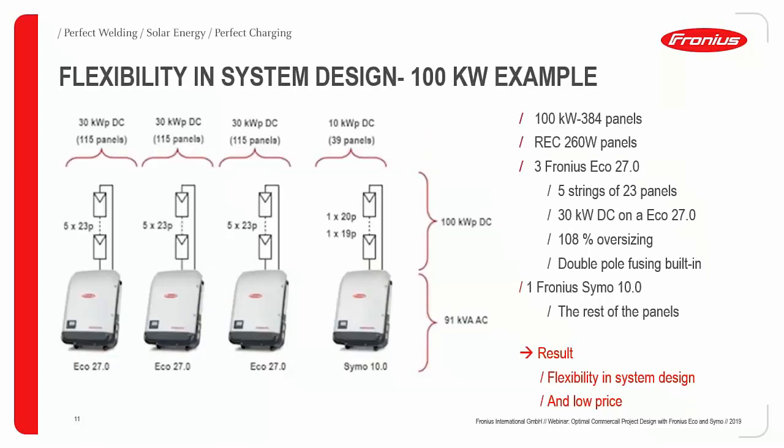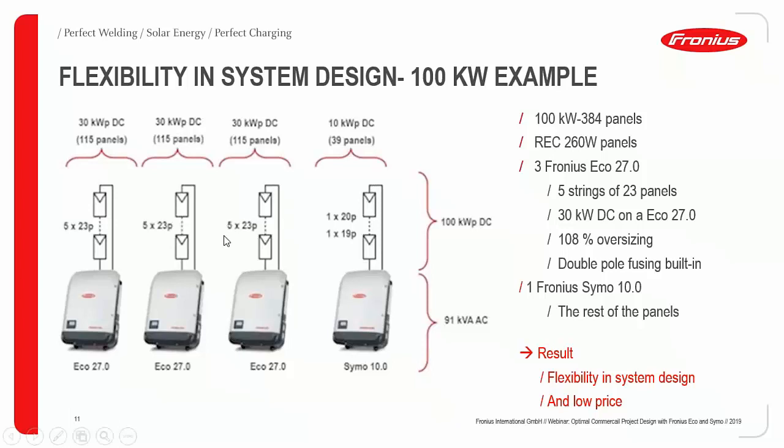Here is an example where we talk about a 100 kilowatt installation. Here we are using 384 REC 260 watt panels. We use 30 kilowatt blocks with Eco 27, that means 5 strings, and each string here you can see has 23 panels.